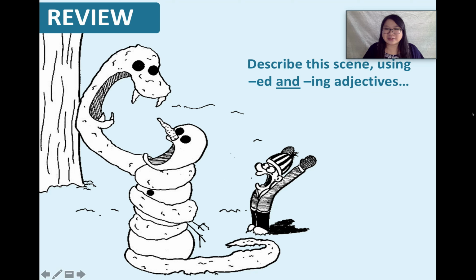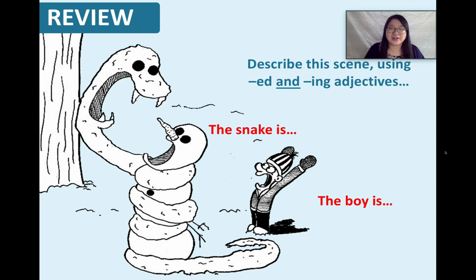Let's look at another one. The boy is, the snake is. So for the boy, there are two words that mean the same thing. The boy is scared. How about another one? A synonym.